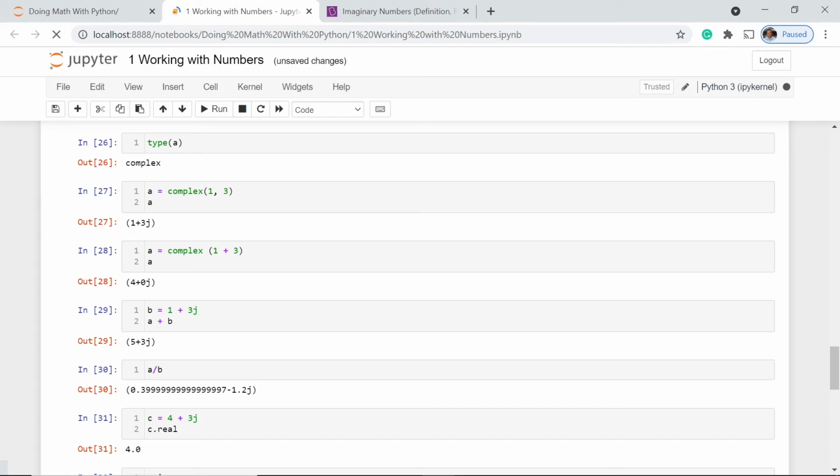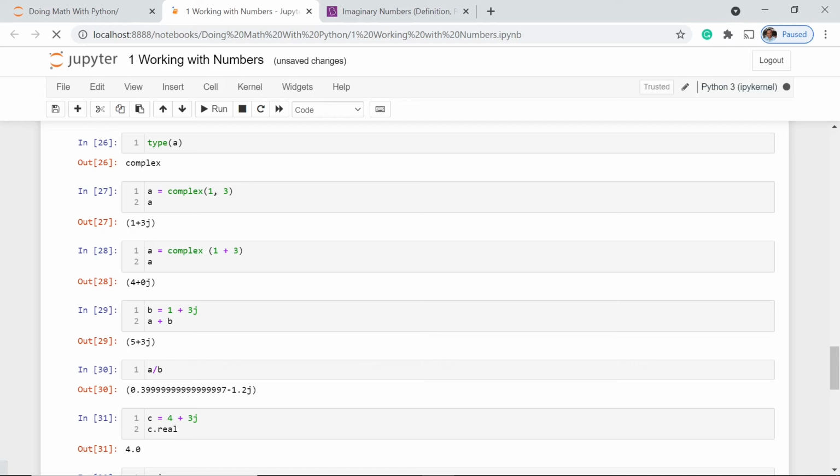And why is this? Let's go back to this one. Here, the value of a is 4 plus 0j, right? So in this case, because we are adding b to a, we will be given 5, because 1 plus 4 is 5, and 0j plus 3j is 3j, right?